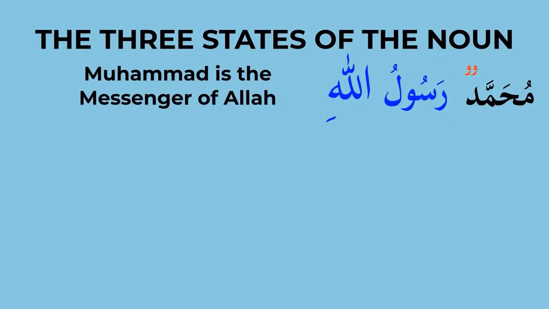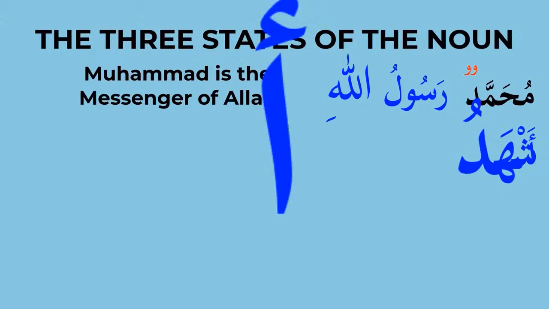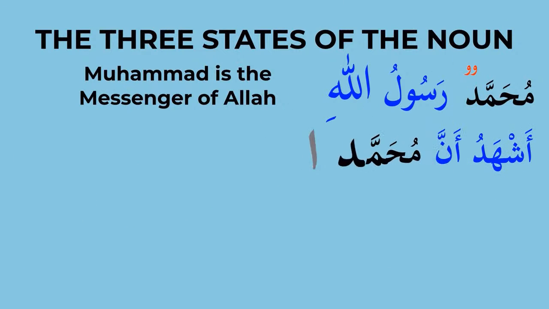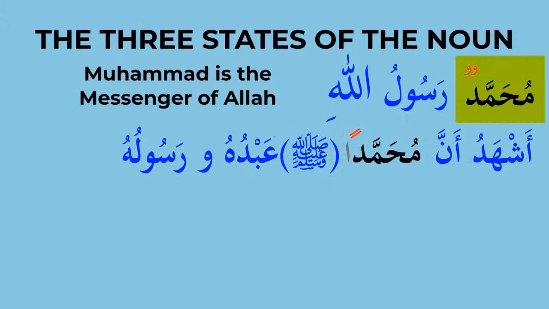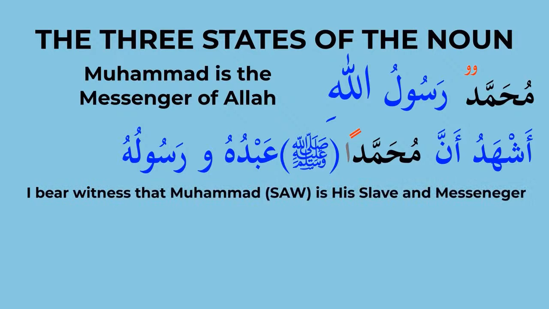Muhammad is the messenger of Allah. Ashhadu anna Muhammadan. Brother, why Muhammadan? Before you wrote Muhammadun, now you are writing Muhammadan. Okay, what will be the English? I bear witness that Muhammad is his slave and his messenger.